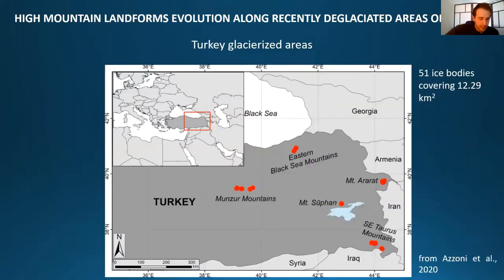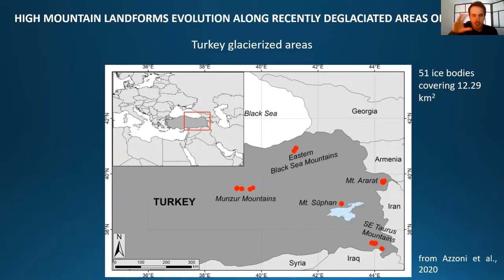Now let's take a closer look at the glacial areas of Turkey. In Turkey, glacialism is still present and widespread, and is important in two sites in particular, on Mount Ararat and in the Cilo region in the Taurus Mountains. There are 51 ice bodies in total in Turkey, covering more than 12 square kilometers.